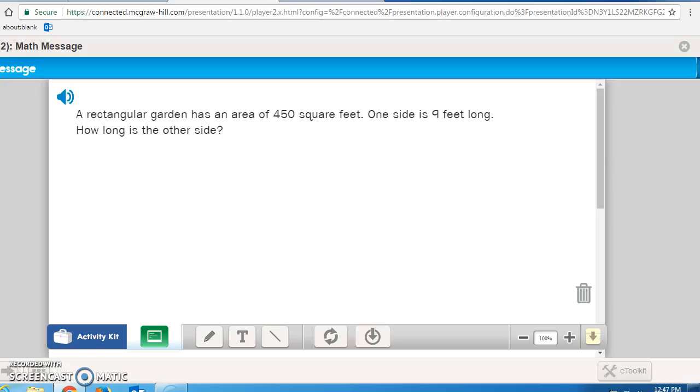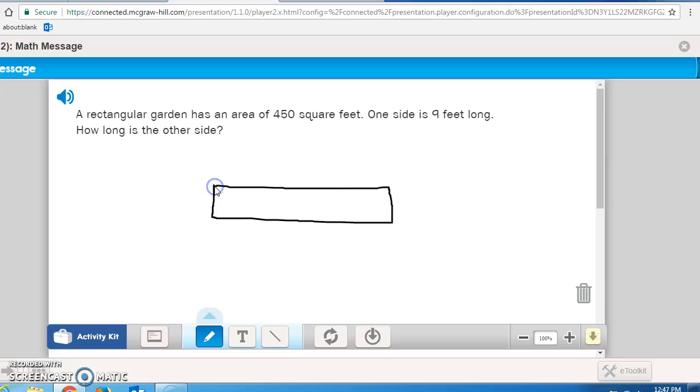So to help you solve this type of problem, I would suggest that you draw it. So I would draw a rectangle to represent the rectangular garden. It is telling you that one side is 9 feet long, so I would write that on the side. And then I'd write my equation. 9 times what?